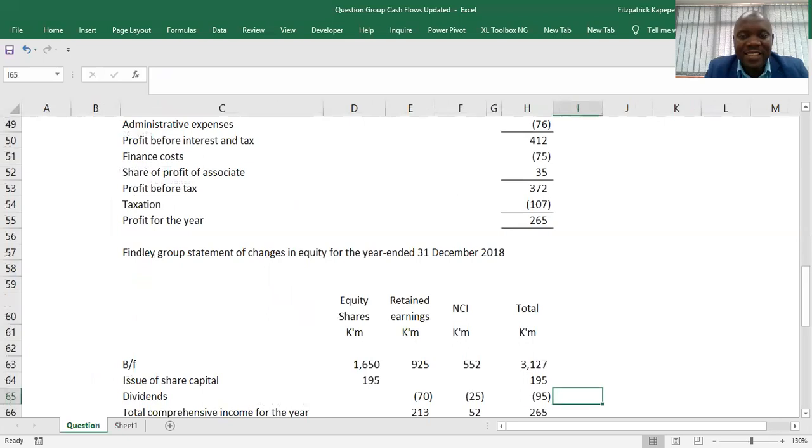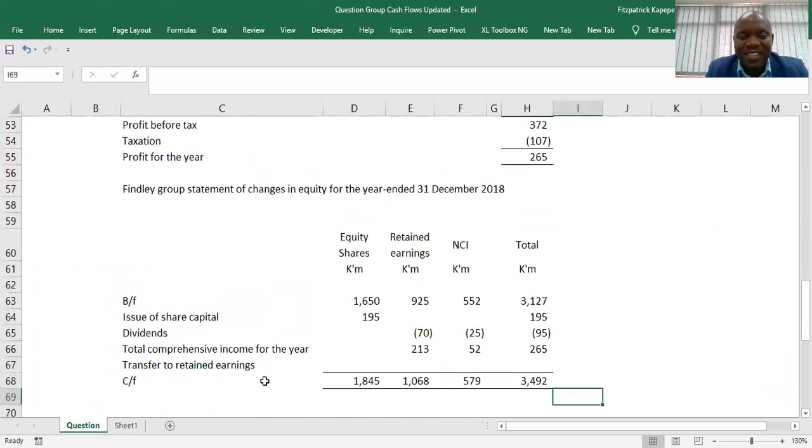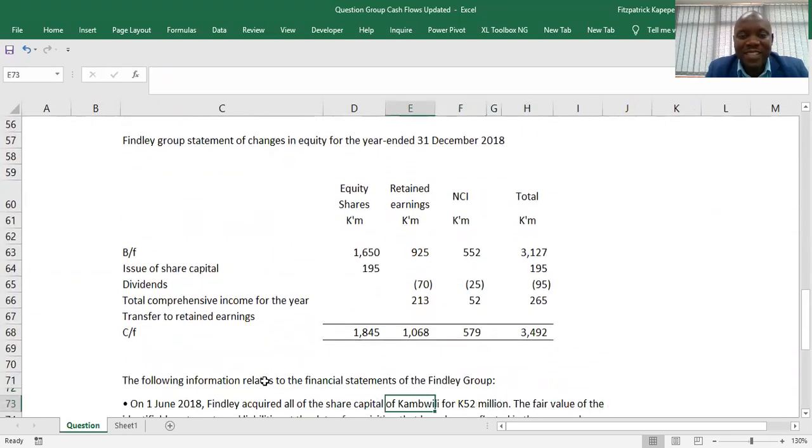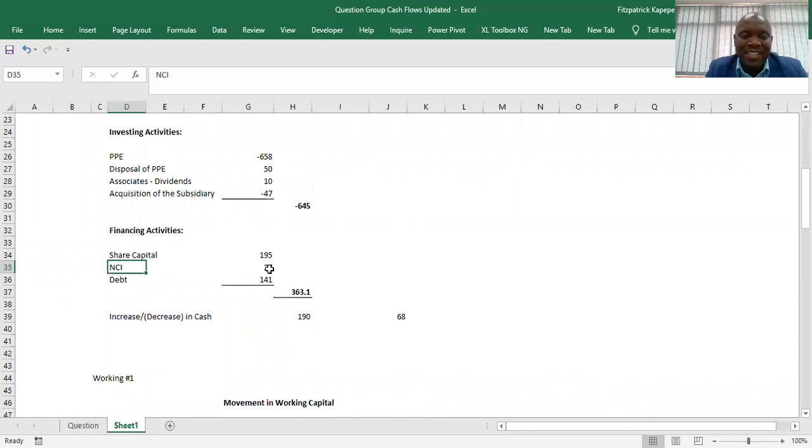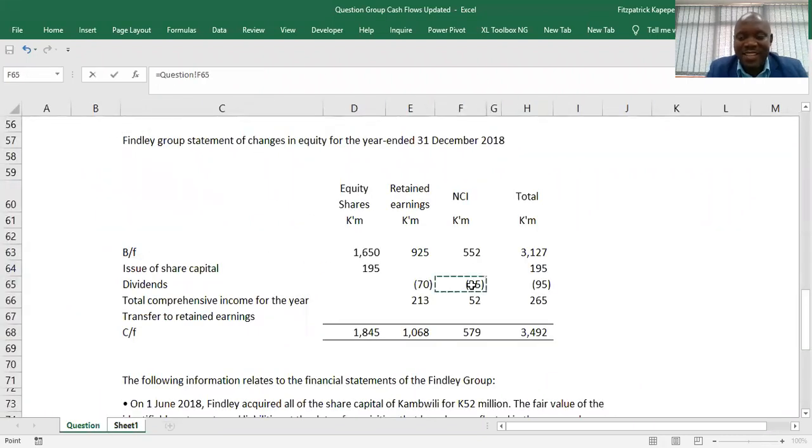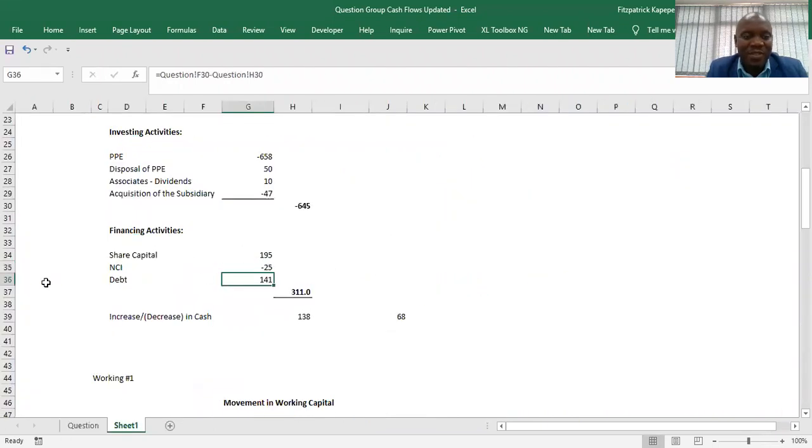So when we come this side, we check on the statement of changes in equity. It shows that there were some dividends that were actually paid to the shareholders of the parent company and also to the NCI. So in here, we have dividends that were paid.